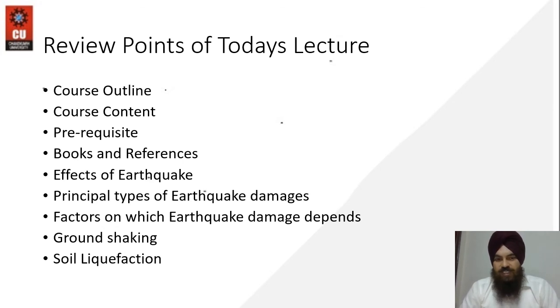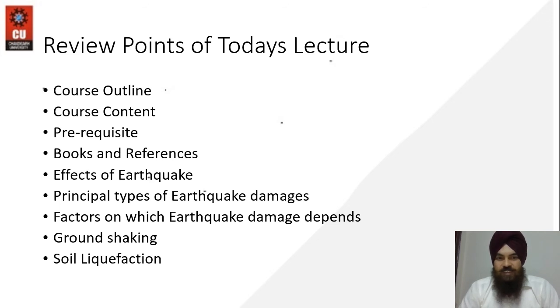Then we started our discussion of the subject with the effects of earthquakes. Here we studied various effects, like the devastating effect of earthquakes due to failure of structures, due to failure of soil beneath the structure, and failure of landslides and rock slides.